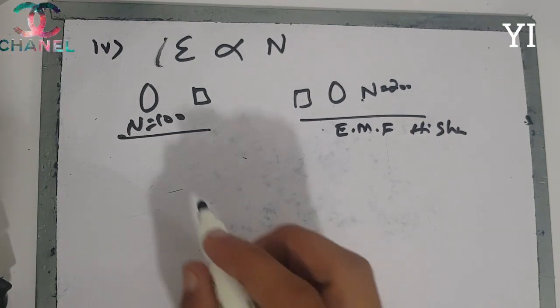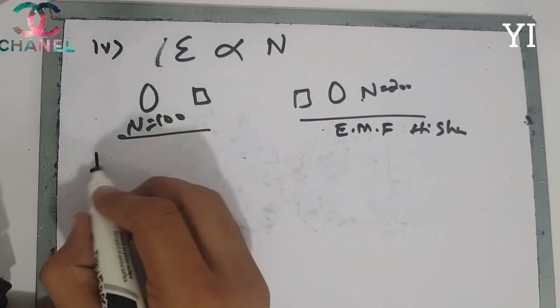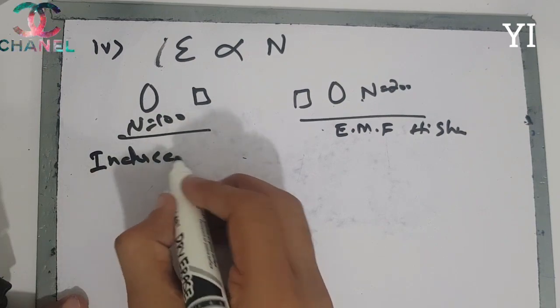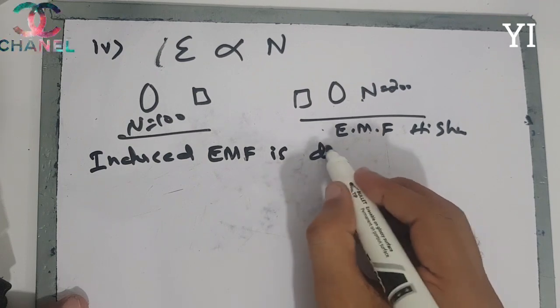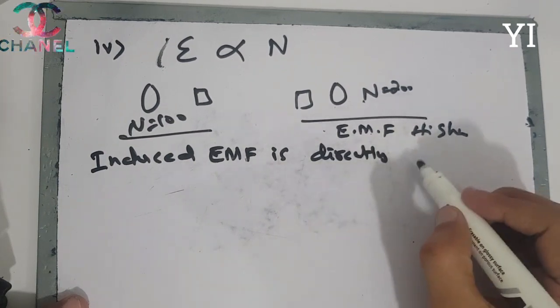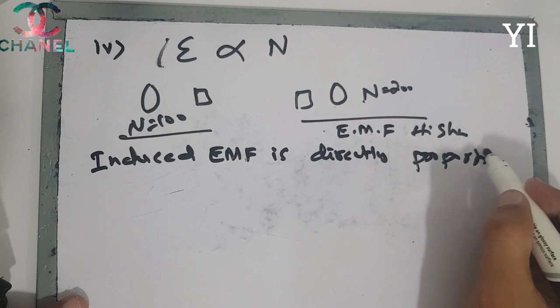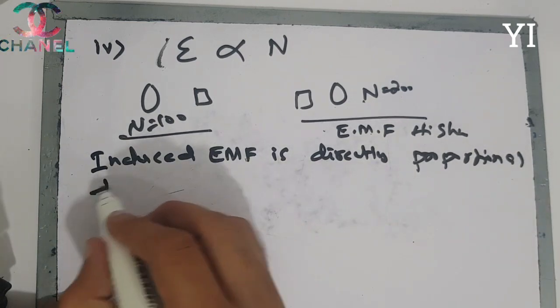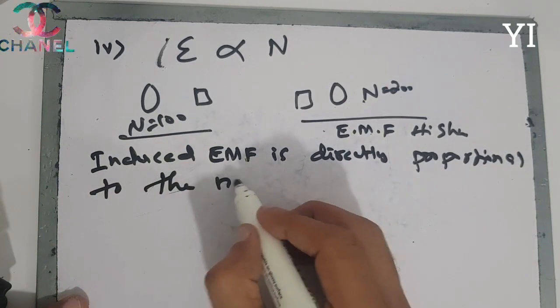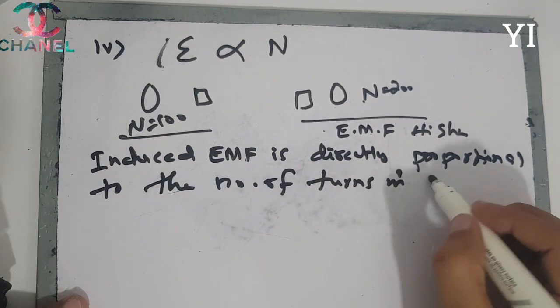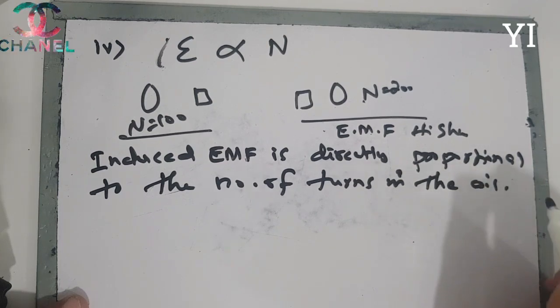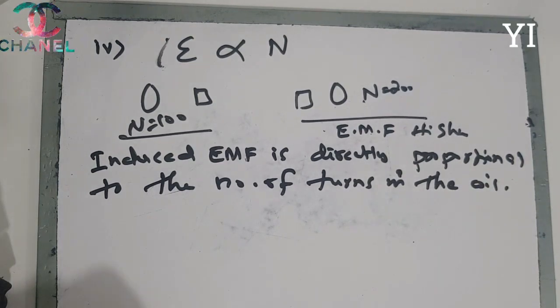So I'm writing here too that induced EMF is directly proportional to number of turns in the coil. The more the number of turns, the more the EMF is induced. Let us write the case number 5.